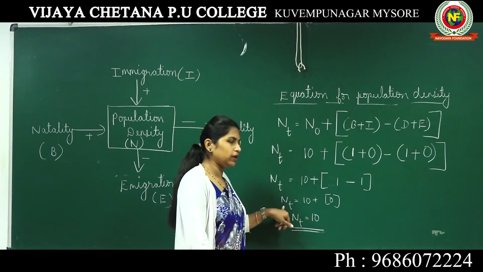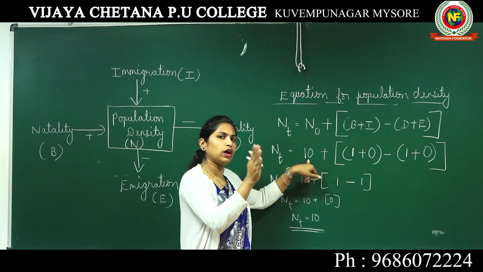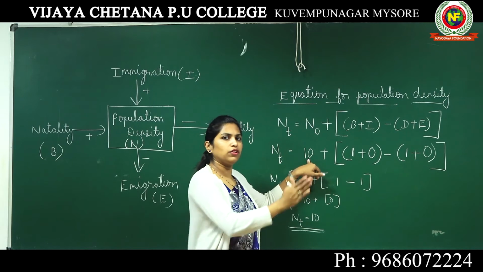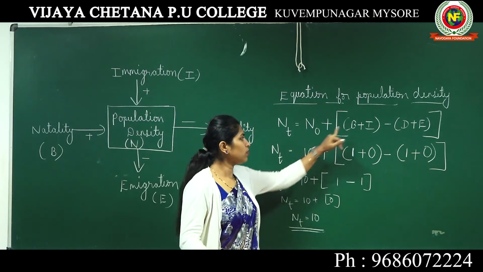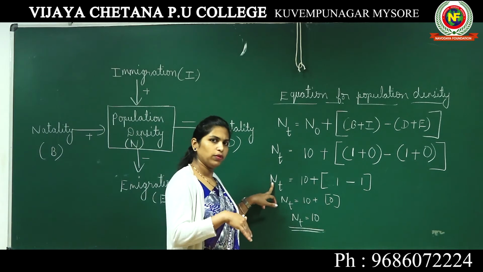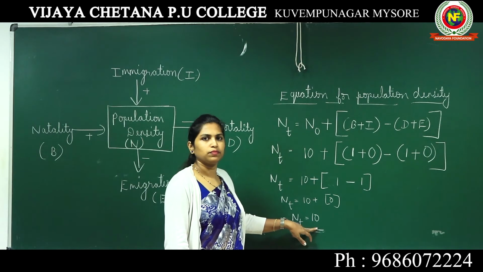Today when you are counting, this becomes your initial population density. After that, for 1 year, all these changes happened. So today, population density at time t is this number.